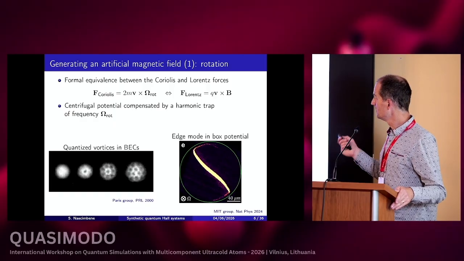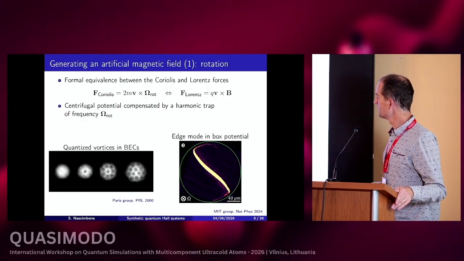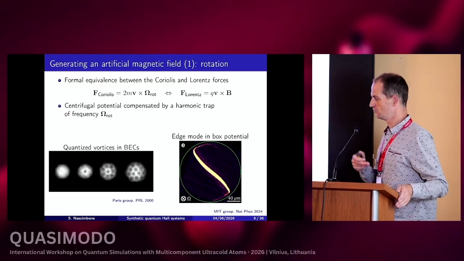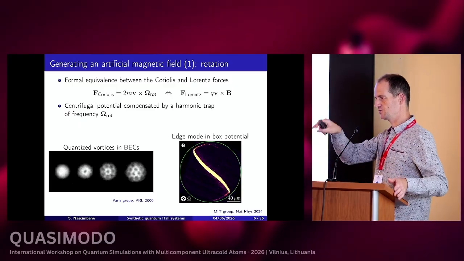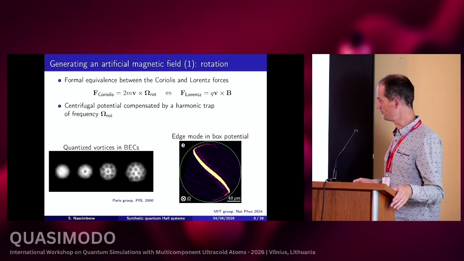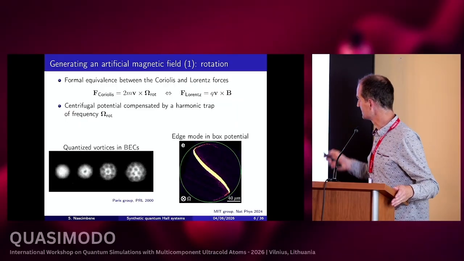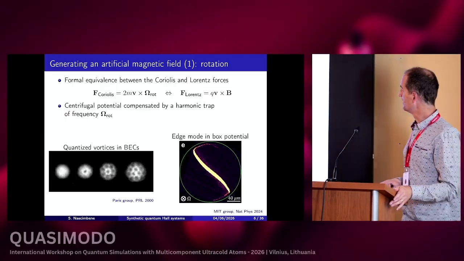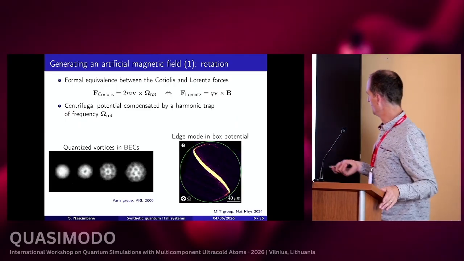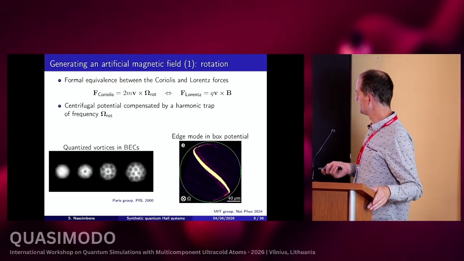So historically, if I start by the first one that was implemented, it was by considering rotating gases, so subjecting the gases to a rotating perturbation and looking at the gas in the rotating frame. And then we know that the atomic motion is perturbed, or has to include the Coriolis force.